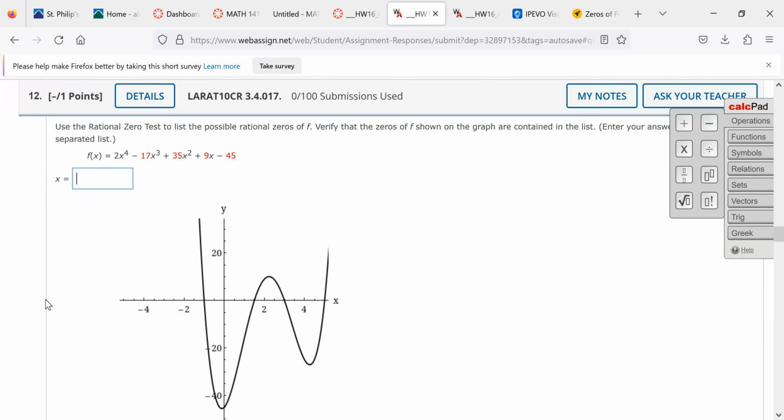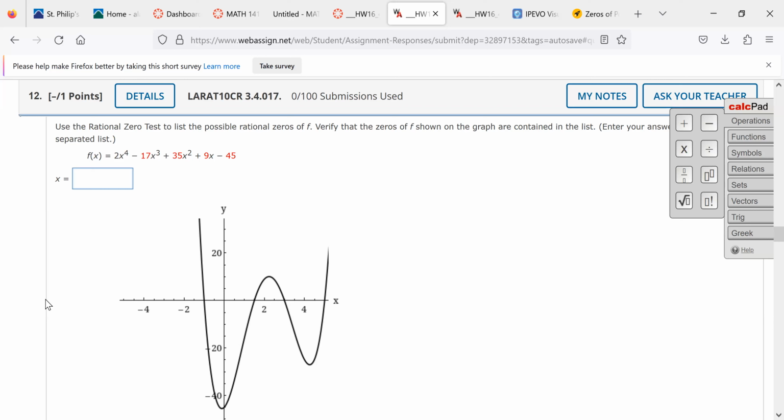Okay, so number 12. F of x is equal to 2x to the 4th minus 17x cubed plus 35x squared plus 9x minus 45.